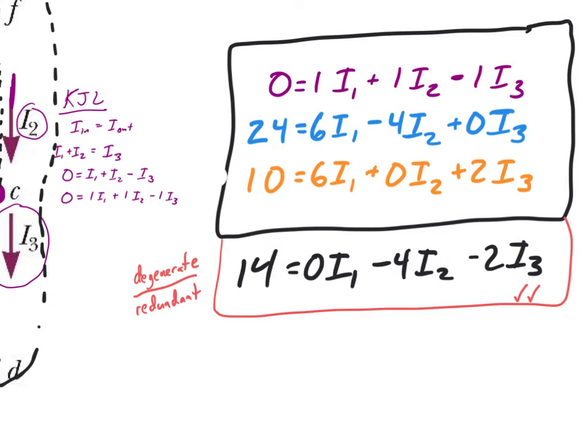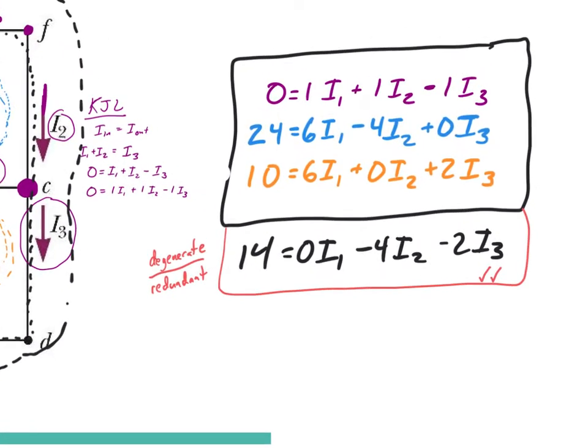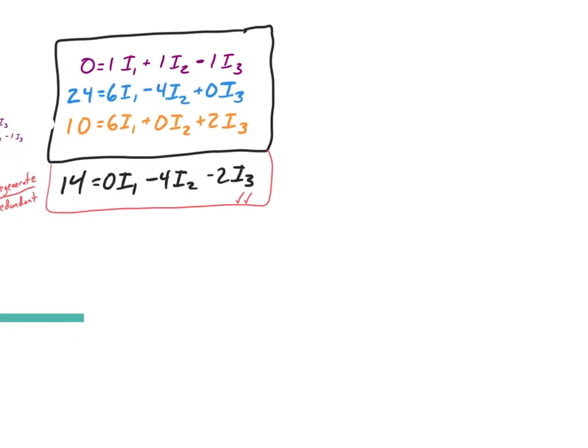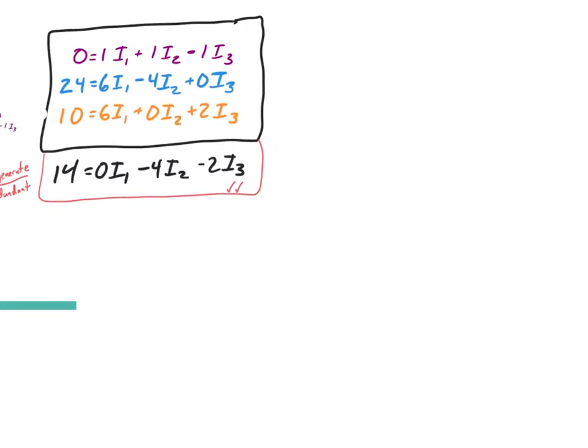Using the purple, blue, and orange equations, I'm going to solve this. 3 equations, 3 unknowns. I'm going to start by getting rid of I3. From this top equation, we can see that I3 is equal to I1 plus I2.